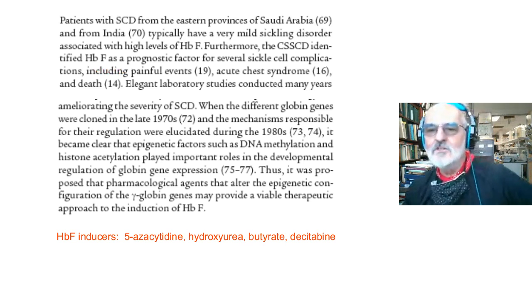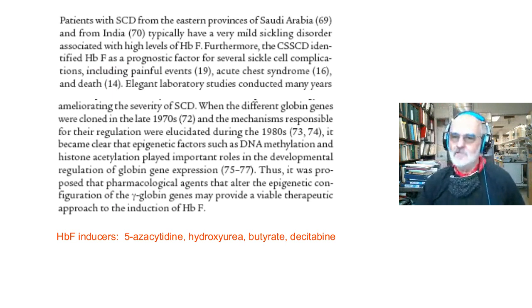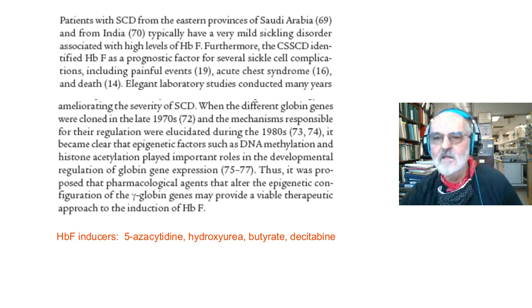Okay, and so it turns out that this phenomenon is not just sickle cell disease in Central Africa. It turns out that provinces in Saudi Arabia and people in India also have mild sickling disorders and higher levels of hemoglobin F that are associated with factors that protect them against problems with malaria.